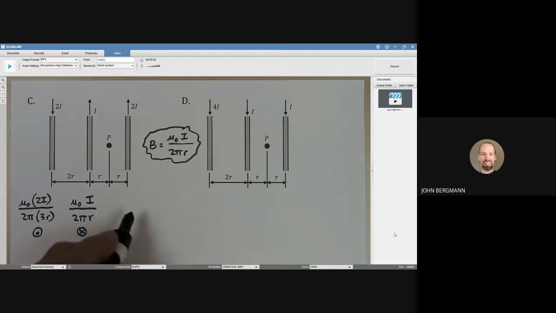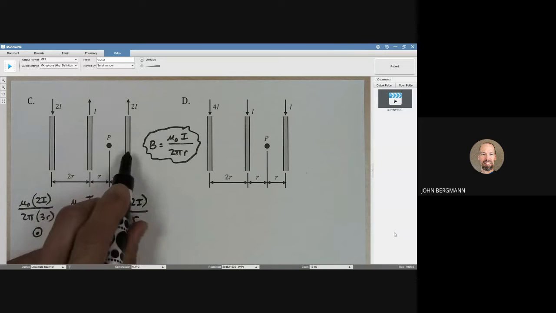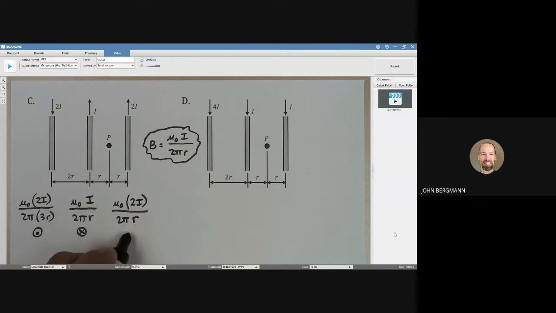And then the wire on the right, we go mu naught. The current is 2I divided by 2 pi, and the distance away is r. And that contribution will be, if you use your Thumbkin twist and right hand rule, out of the page. So it looks like we have 2 of them that are out of the page and 1 of them that's into the page. Let's see how much we have here.